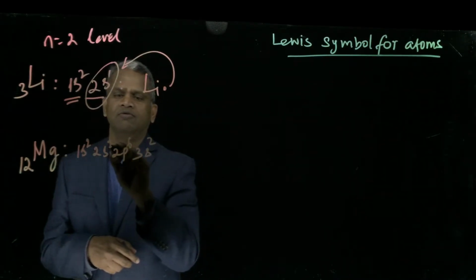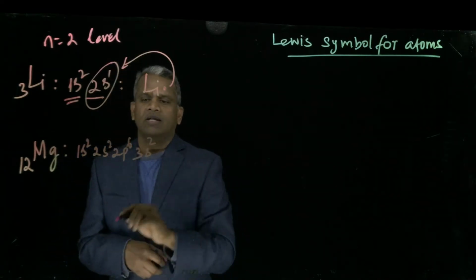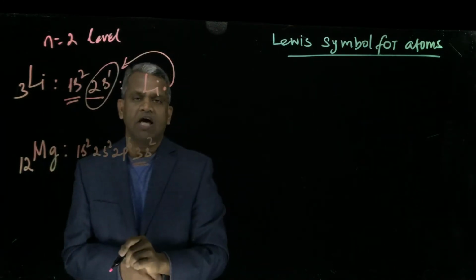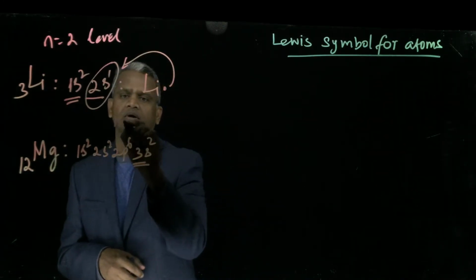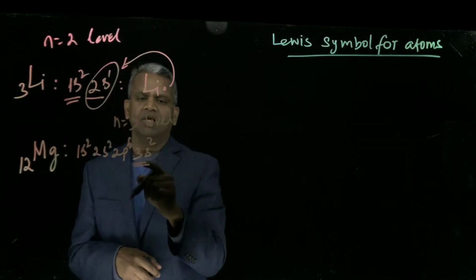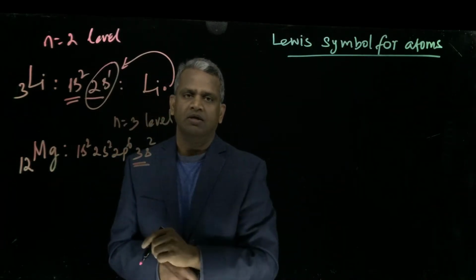So 2, 4, 10, 12 electrons. In the case of magnesium, the valence shell is the n equals 3 level, and this valence shell has 2 electrons in the s orbital.